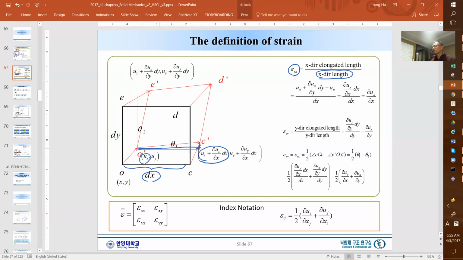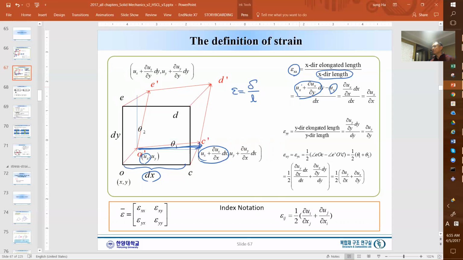This will be the x-directional extension. So strain is simply the change in length over the original length, delta over L. The elongation is this term minus ux, because it has to be a relative displacement, divided by dx.